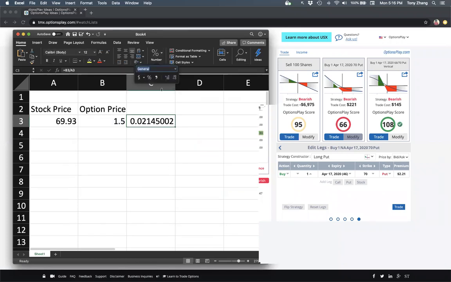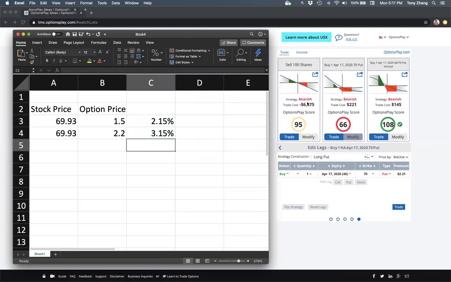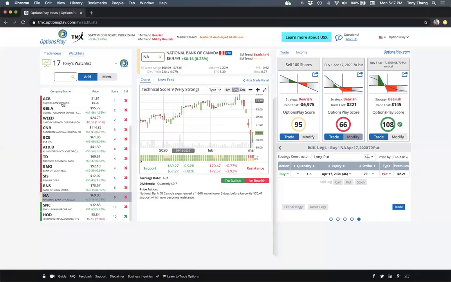And the $2.20 option on the $69.93 stock was 3.15%. So this is a quick and dirty way of getting a sense for whether an option is cheap or expensive. Generally speaking, the cheaper end is about 2%. The more expensive side is going to be like 20–30%.